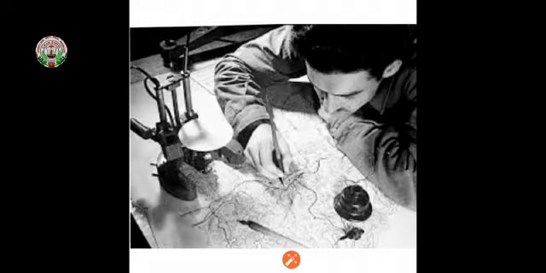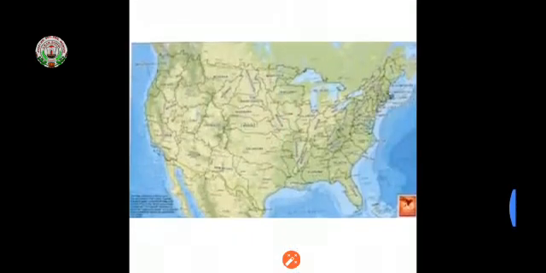A map is a visual representation of an entire area or a part of an area, typically represented on a flat surface. Maps attempt to represent various things like political boundary. Look at this picture. This is a map of political boundary.